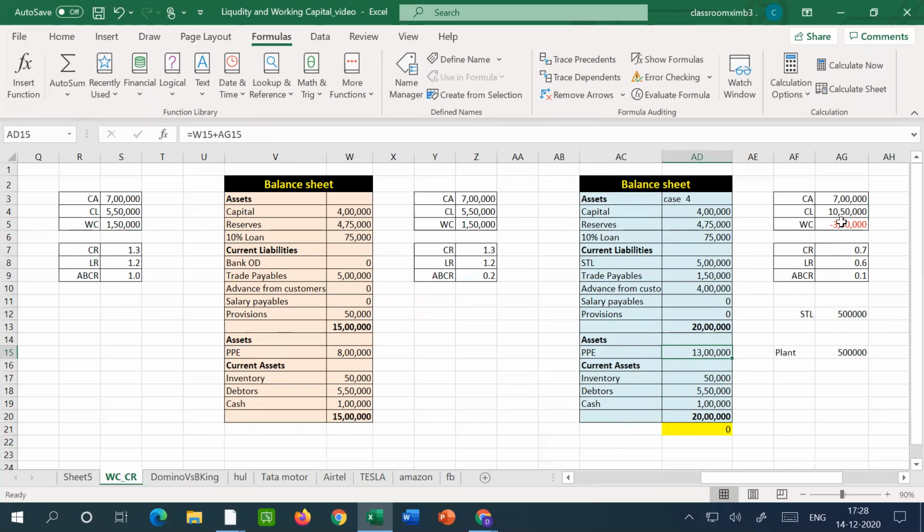Now observe this: the working capital has become negative. Sometimes we can interpret the negative working capital as that a part of the non-current assets have been financed by the current liabilities. So will the company continue to do this?